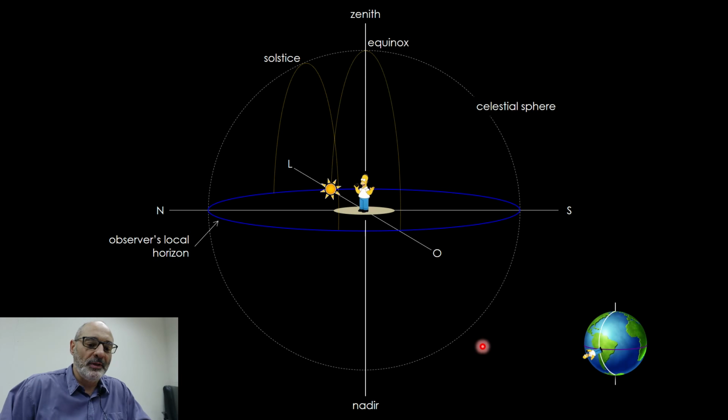During the equinox, remember, he's on the equator, the sun rises from the east perfectly, from this axis here. It rises and it sets on the west, and this is the equinox.